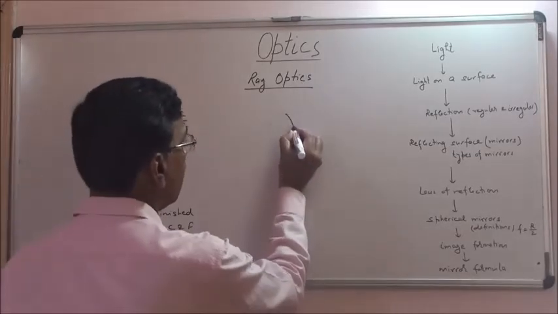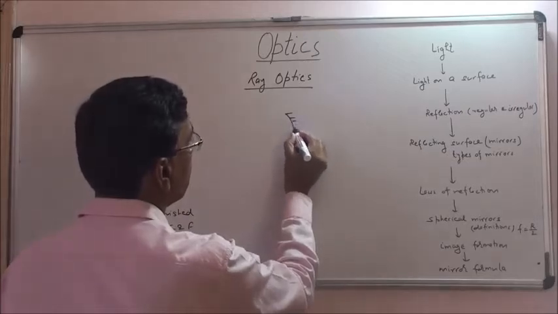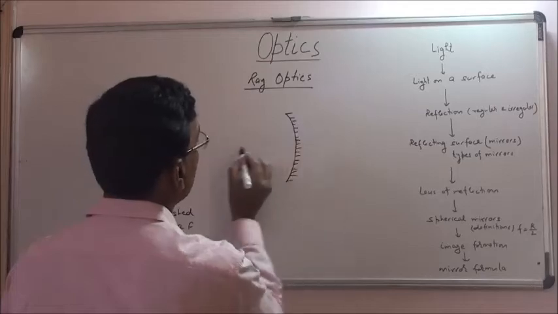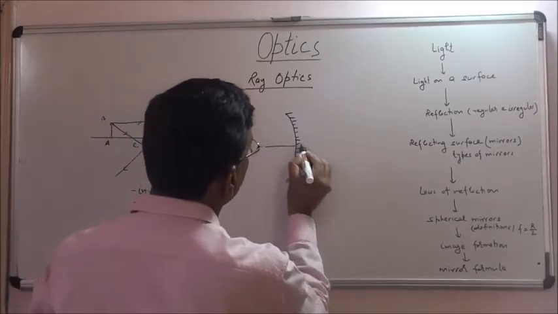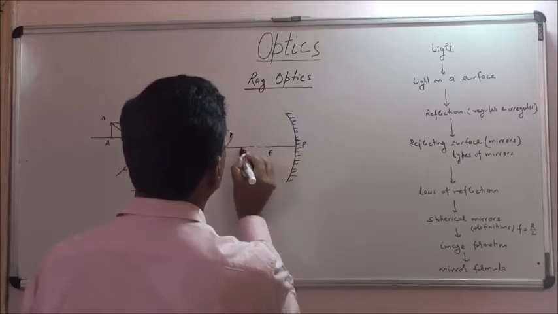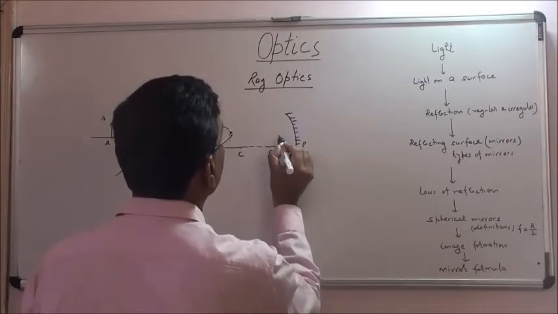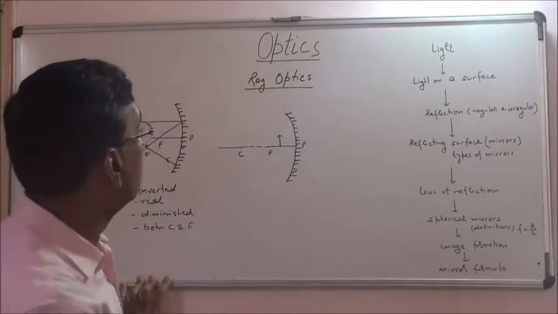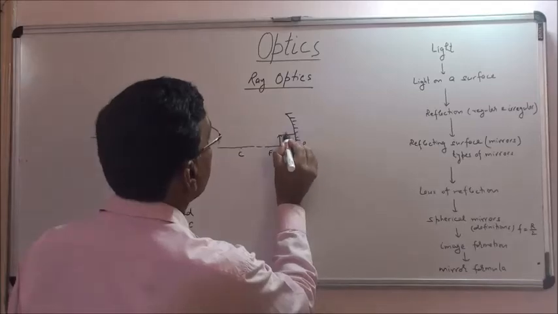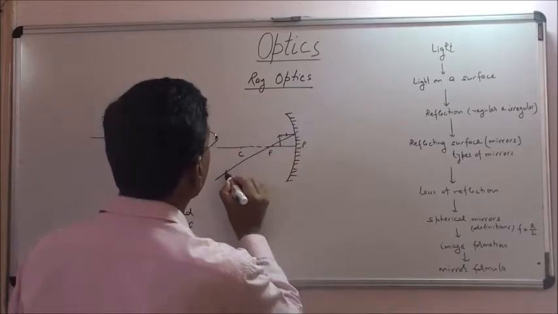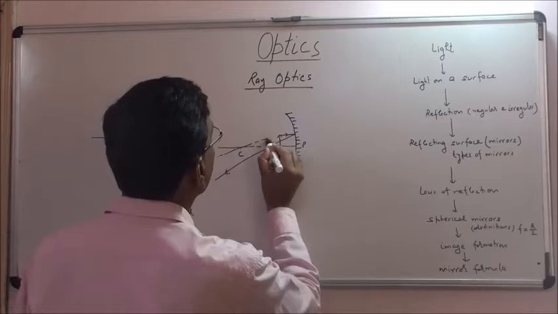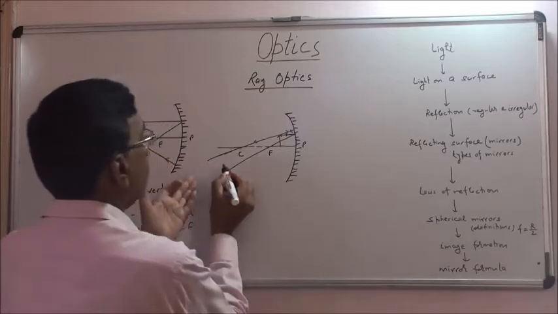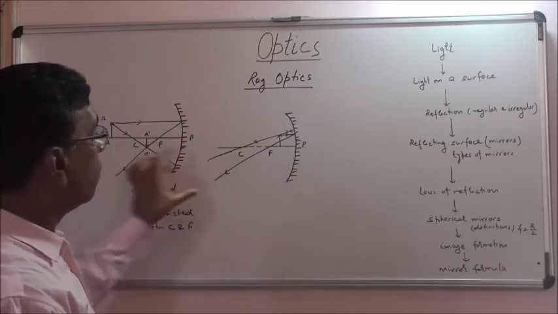There is one particular case in concave mirror which is different from all others. F, C, if I take an object here. So it is between F and P, between focus and pole. So one light ray parallel, it will pass through focus. And then one we can take along C. So if we look from this side, they are diverging, so they will never meet here.